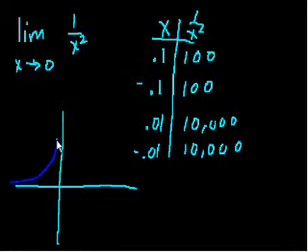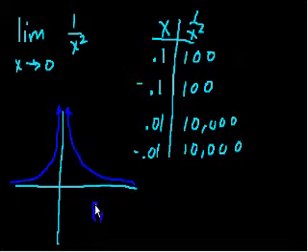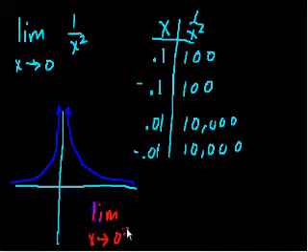Hope you can see this dark blue. So from the negative side, it approaches infinity. You can see that as we get closer and closer to 0 from the negative side, it approaches infinity. And as we go from the positive side, these are actually symmetric, although I didn't draw it that symmetric. It also approaches infinity. So this is a case in which the limit as x approaches 0 from the negative side of 1 over x squared is equal to infinity.